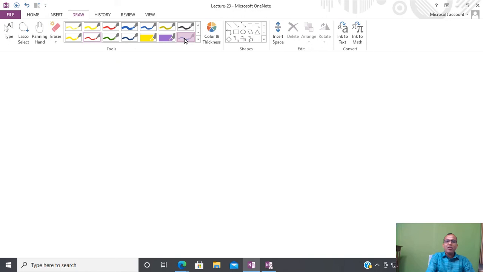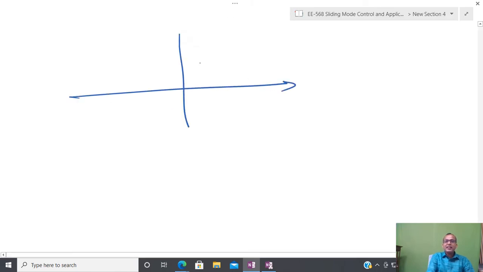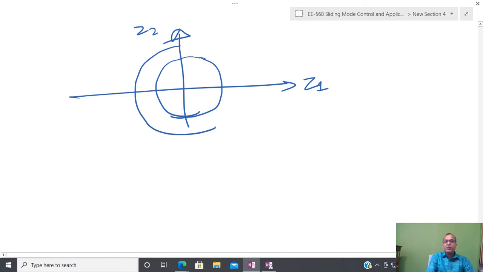Again I draw two axes, the Z1 axis and the Z2 axis, and if your initial condition is here, then you are going to maintain yourself on this orbit. If your behavior is here, then you are going to maintain this orbit. This behavior is called oscillation.